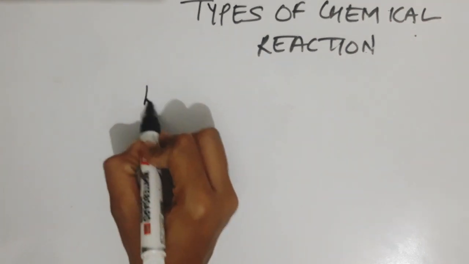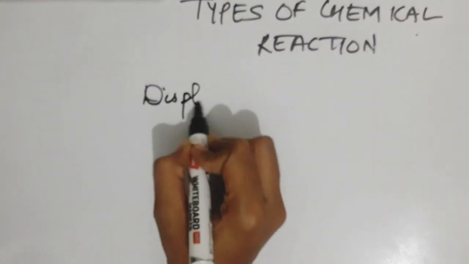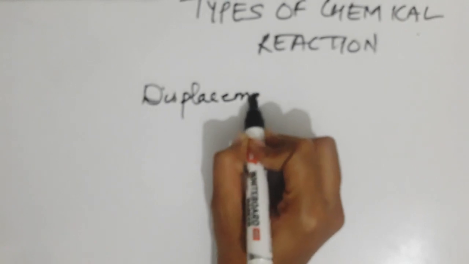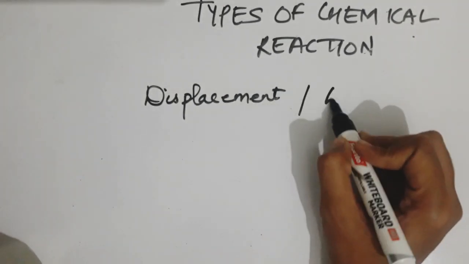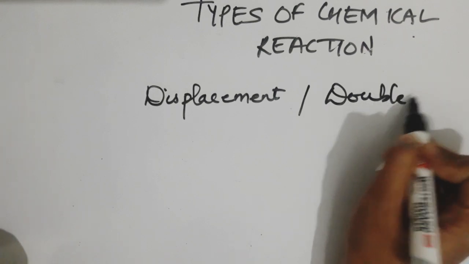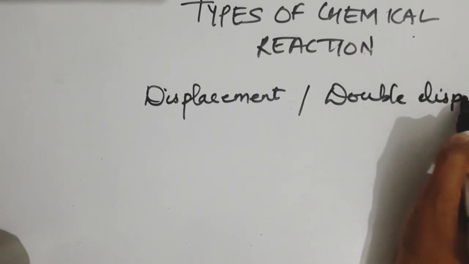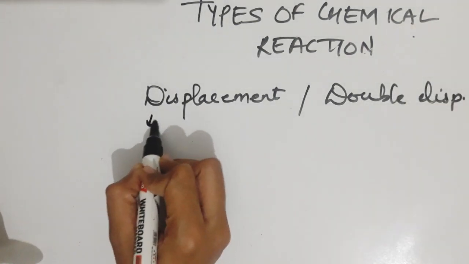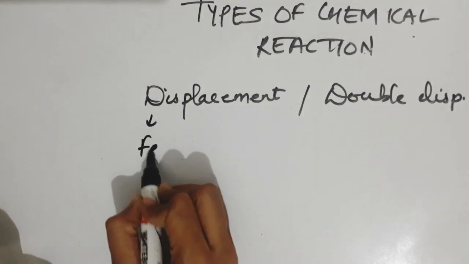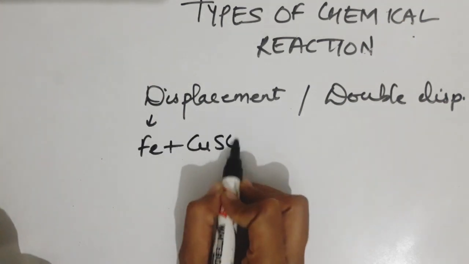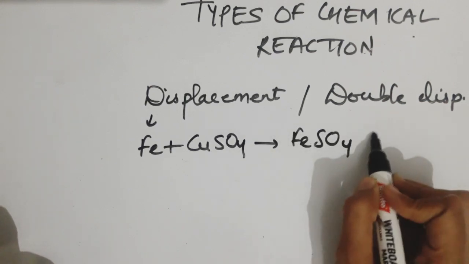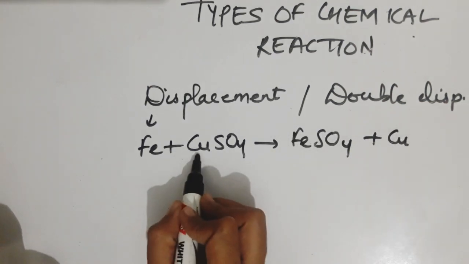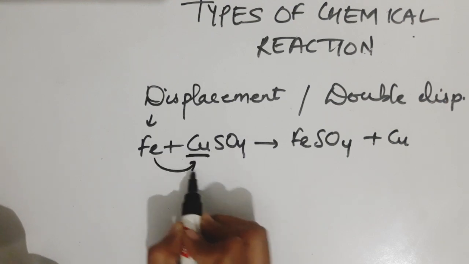Next type of reaction is displacement reaction. Now for displacement and double displacement reaction, you must know these are almost similar kinds of reactions. The only difference is that in case of displacement, if you have Fe plus CuSO4, it would give FeSO4 plus Cu, that is, copper metal is displaced by Fe.